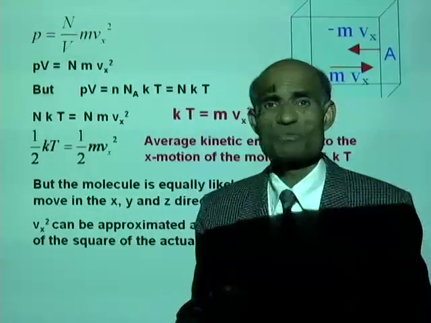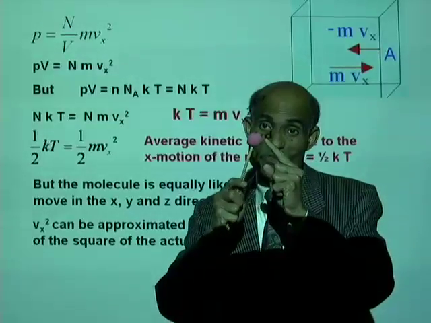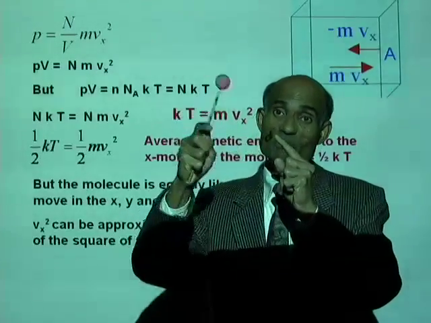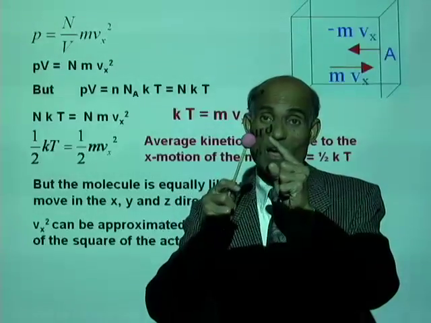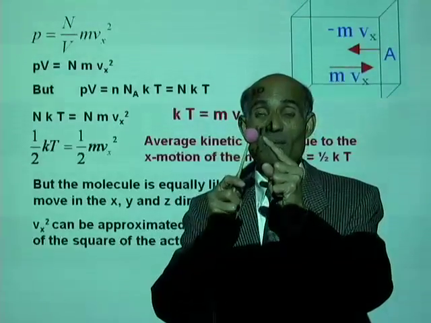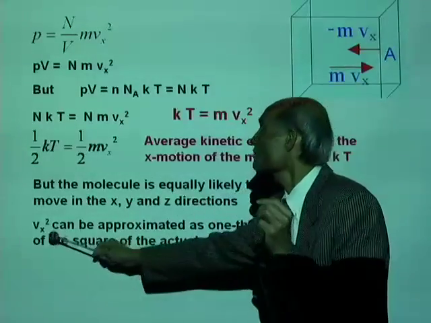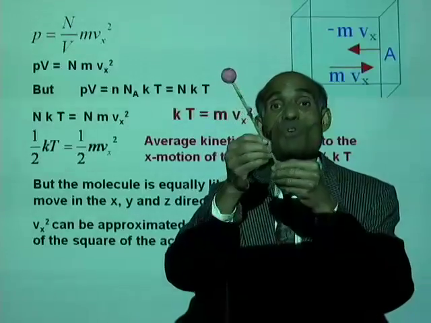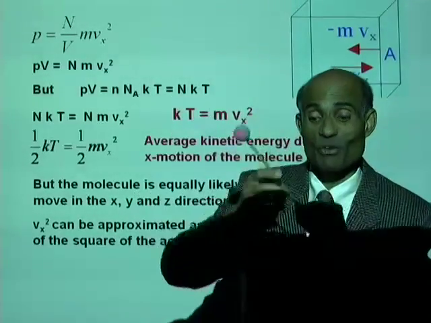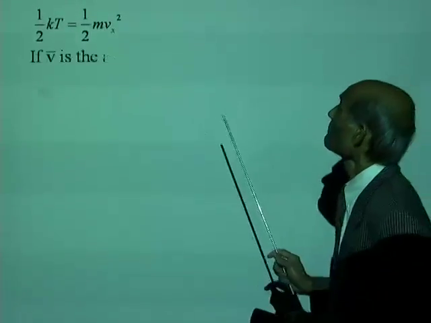You see, if the velocity of this molecule is in any arbitrary direction, it is made up of Vx, Vy, and Vz. Therefore, we can consider this Vx squared as 1/3 of the square of the average velocity of the molecule. So how do we write that?